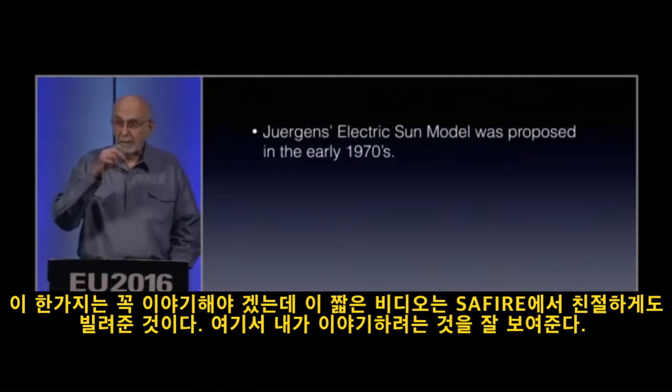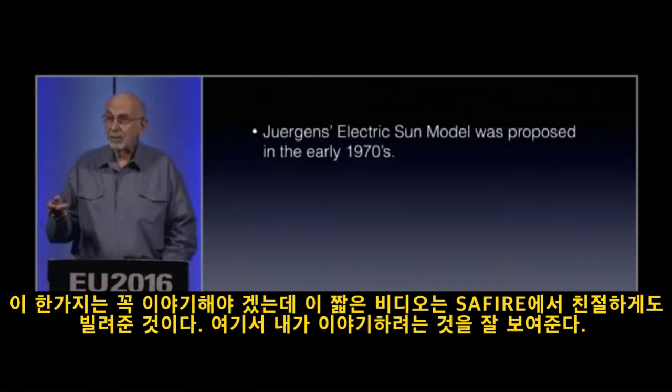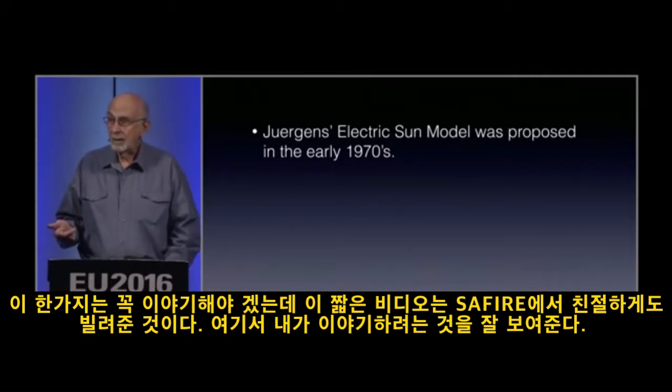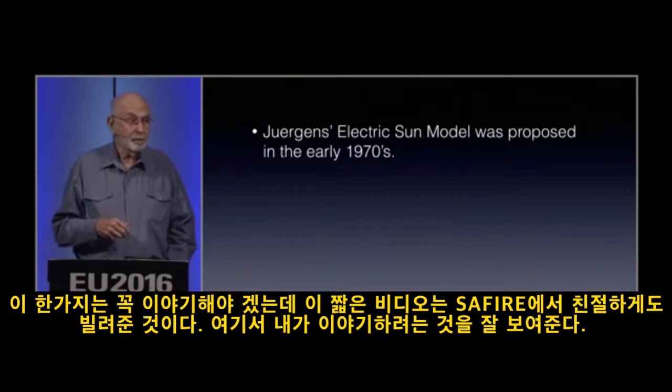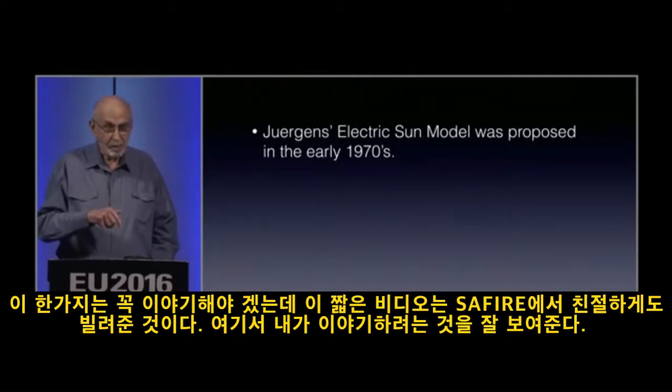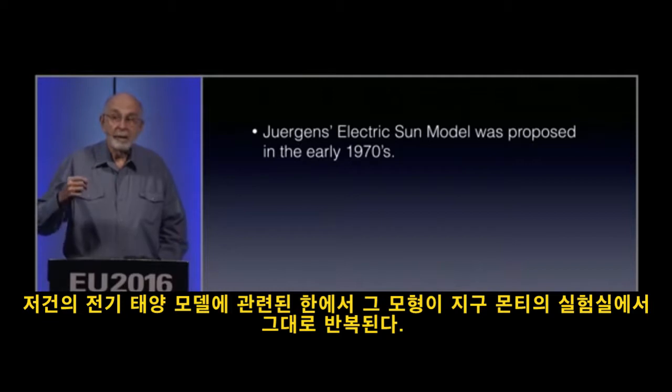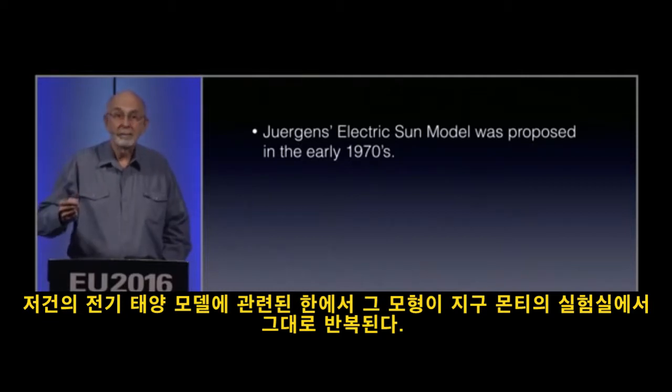One of the things I want to show you is a short video clip that Muddy Childs was kind enough to lend to me from the Sapphire Project, which shows that the things I'm talking about here, as far as Juergens' model is concerned, are being repeated here on Earth in Monty's lab.